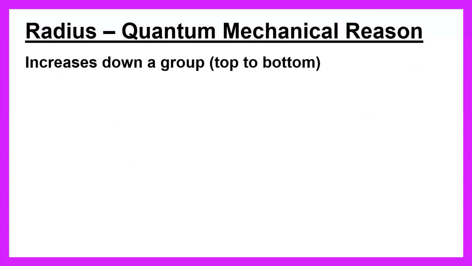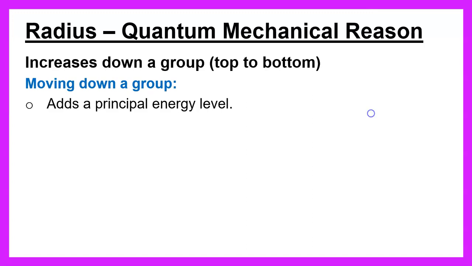So to remind you, as you go down a group, our radius gets bigger. And we want to hear reasonings like this. We want to hear you say things like, moving down a group, you add a principal energy level. You can just say energy level, that's okay too.